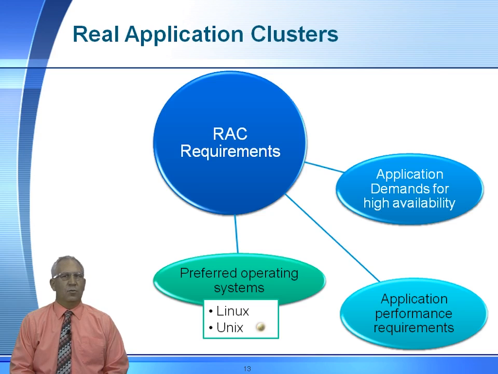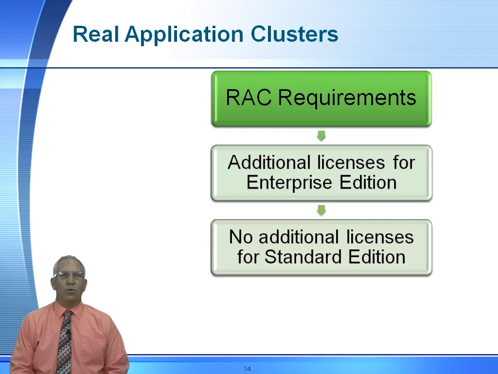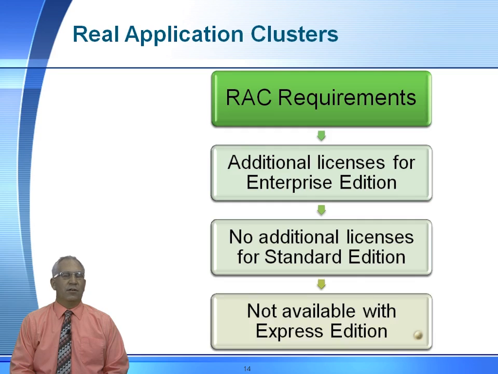If it does, RAC would be a serious consideration for you. Keep in mind, from an Oracle perspective, you would need to have additional licenses for RAC if you're using Enterprise Edition. If you're using Oracle Standard Edition, a 2-node RAC does come with Oracle Standard Edition. RAC is not available with Oracle's Express Edition.